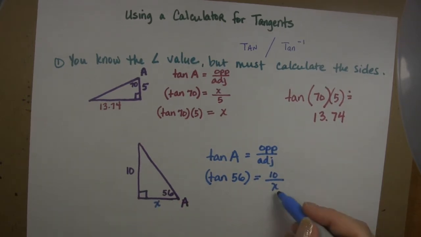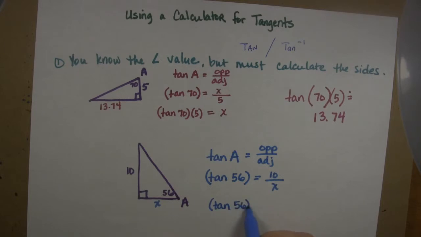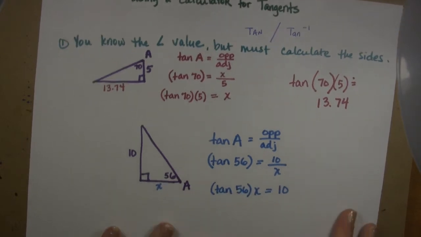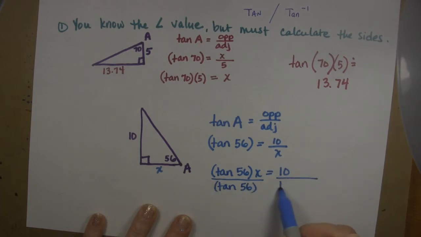Again, I'm trying to get x by itself. x right now is in the denominator. I hate that. So I'm going to move it over here by multiplying both sides by x. So now I have tan 56 times x equals 10. Now I'm still trying to get x by itself, so I'm going to divide both sides by tan 56.